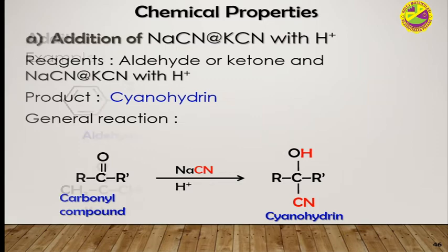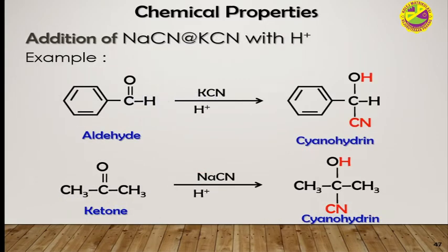Another example is as follows. We can see that from the first equation, the carbon double bond oxygen is lost and the oxygen becomes OH, while another single bond from the carbon is attached to the CN that is provided by KCN.